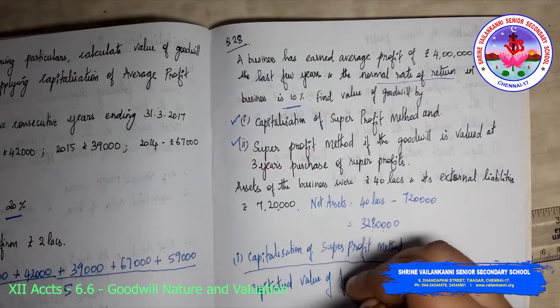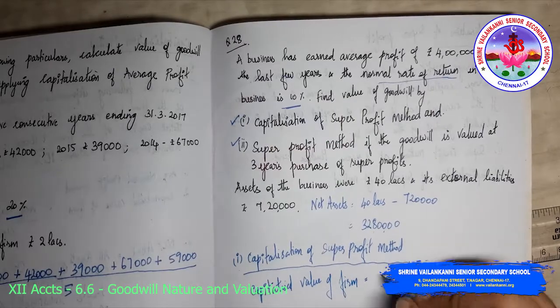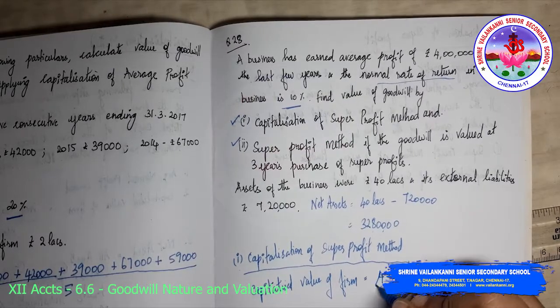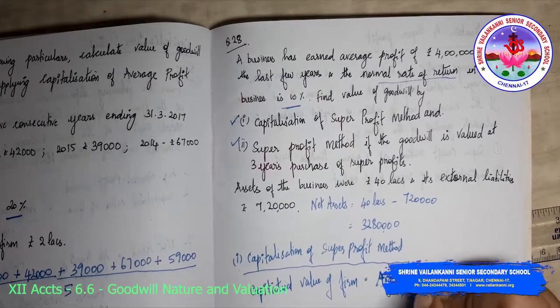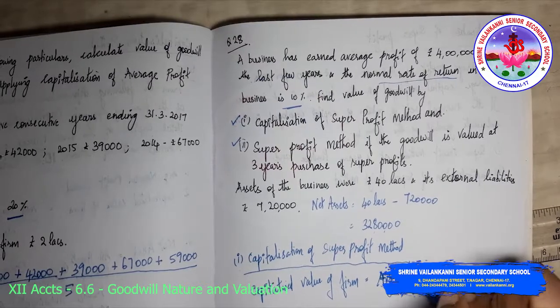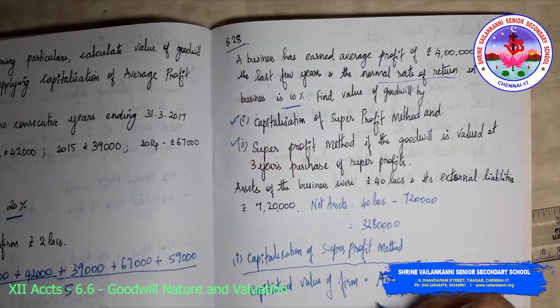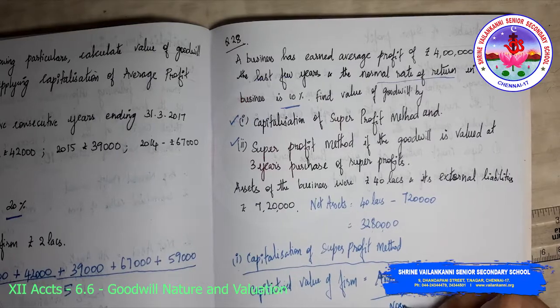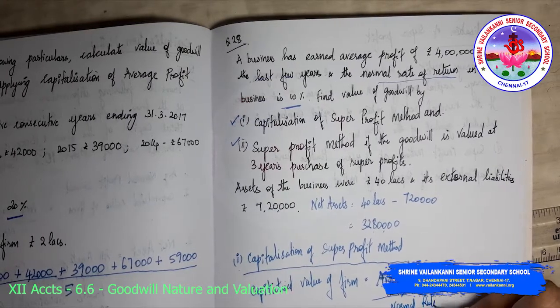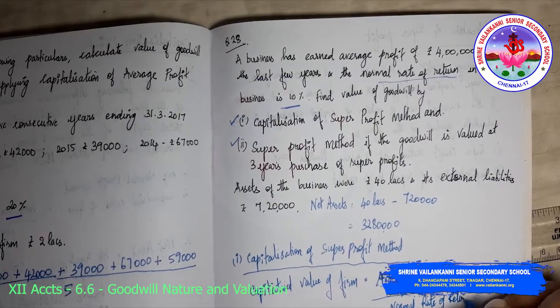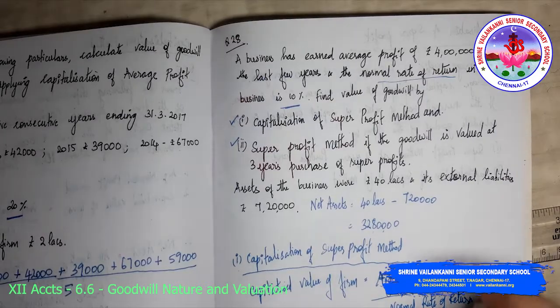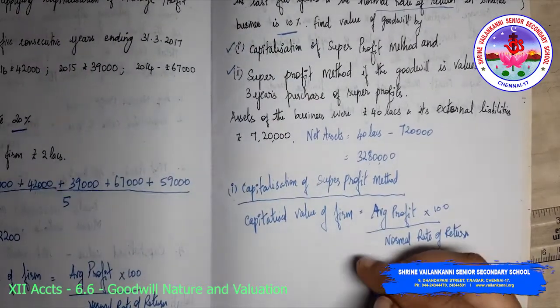What is the capitalized value of firm? I'll just write the formula: average profit into 100 divided by normal rate of return.